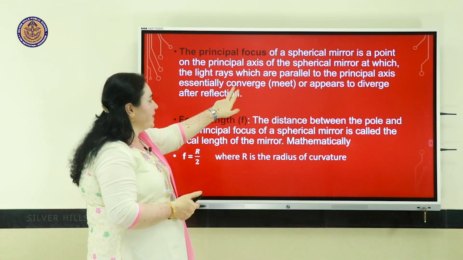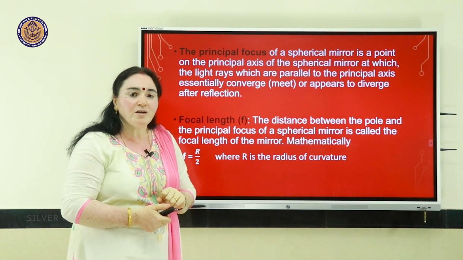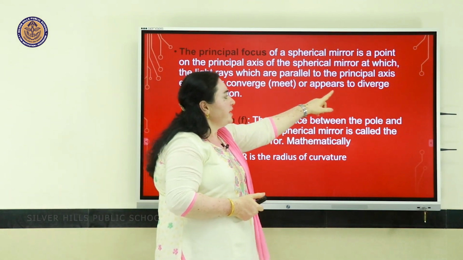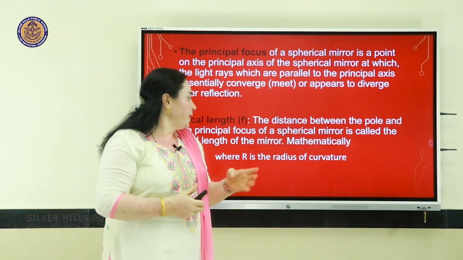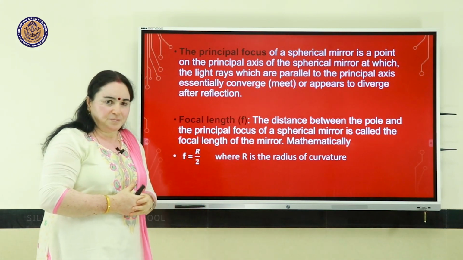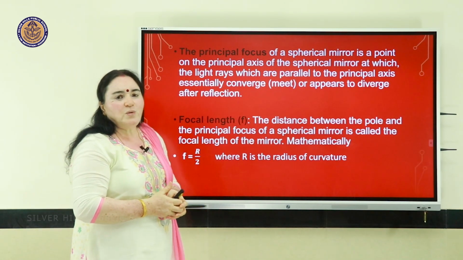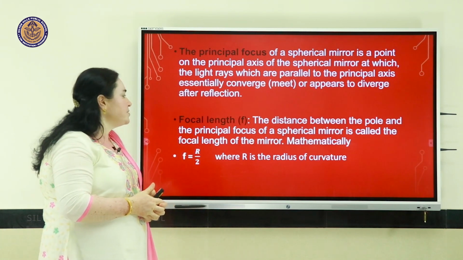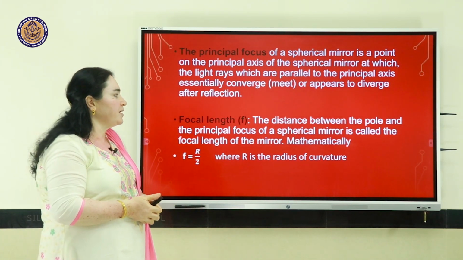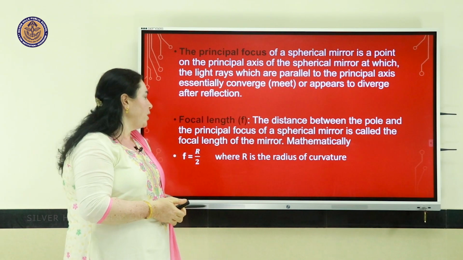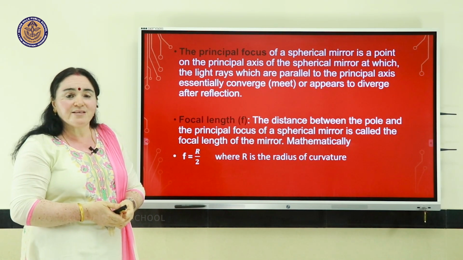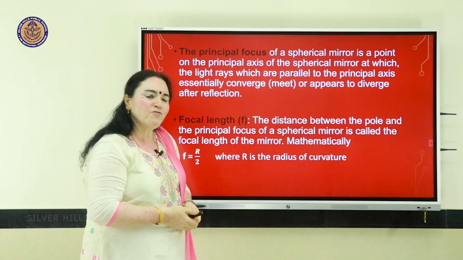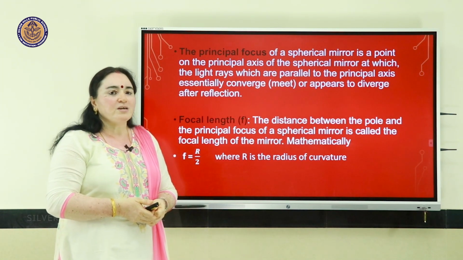And we know that convergence happens for a concave mirror and divergence happens for a convex mirror. Next, focal length. The distance between the pole and the principal focus of a spherical mirror is called the focal length of the mirror. And mathematically, as I told you, it is half of the radius of curvature.